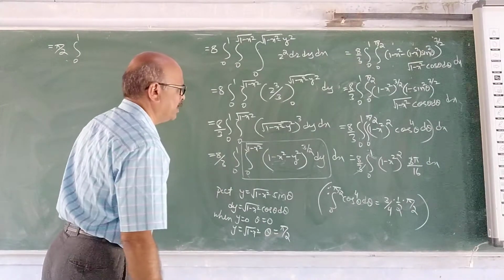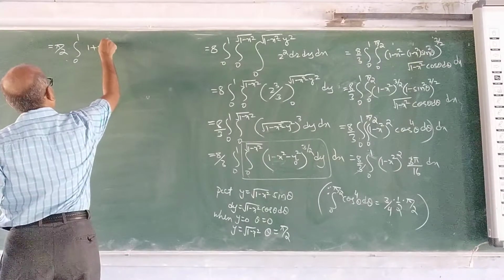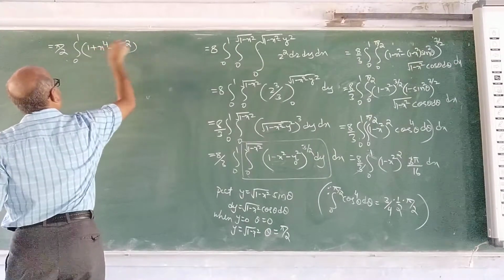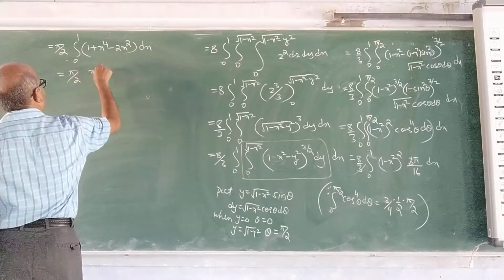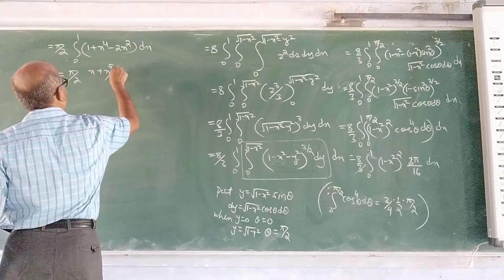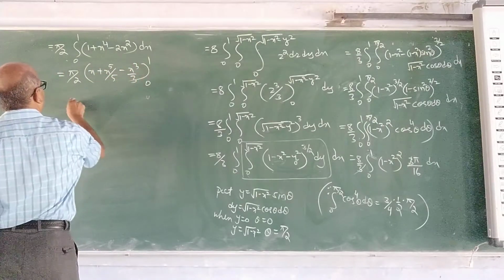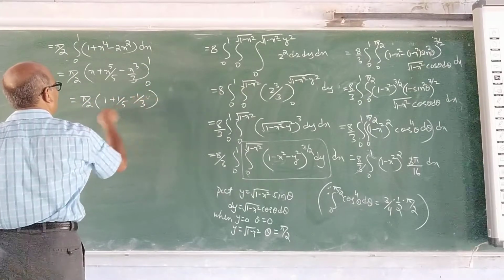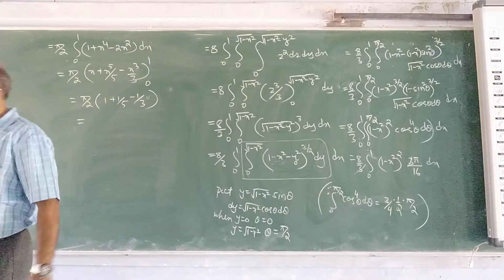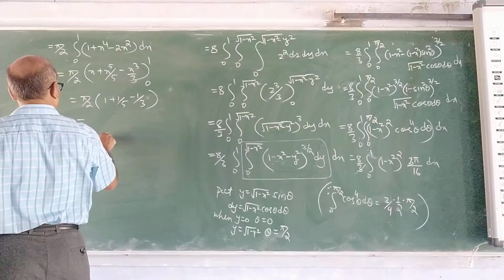5 by 2, 1 minus x square whole square, 1 plus x raised to 4 minus 2x square, with respect to x. Simplify: 5 by 2, x plus x raised to 5 by 5, minus 2x cubed by 3, 0 to 1. So 5 by 2 into 1 plus 1 upon 5 minus 2 upon 3. What is the answer? Simplify this. 4 pi by 15.